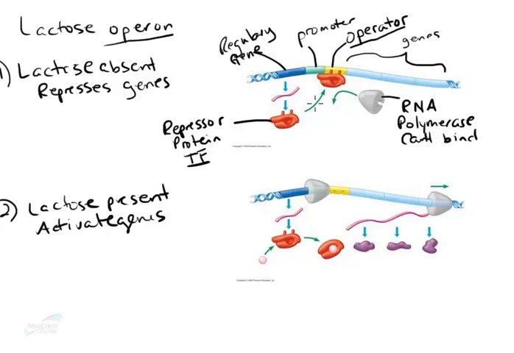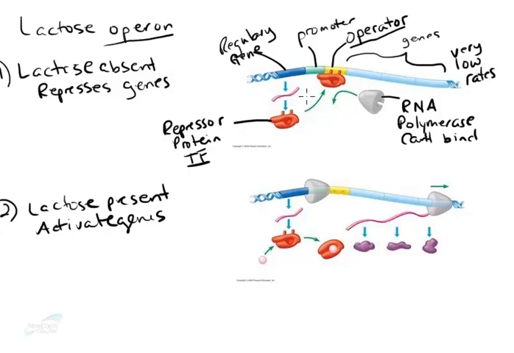Right? Makes sense. Repressor blocks RNA polymerase from access to the promoter and it can't get in there and transcribe these genes. Or, in reality, it can only get in there occasionally at very low levels and transcribe these genes at very low rates. Okay? So they don't get transcribed very much at all.